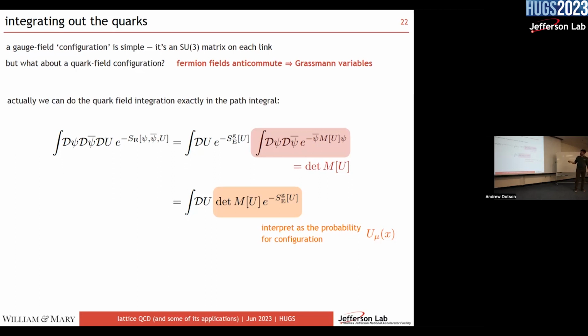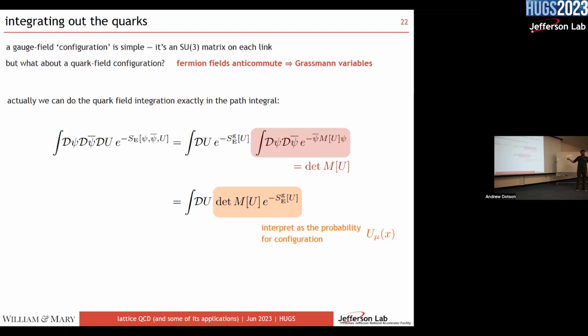The cost is the probability that we want to draw the random gauge fields, gluon fields from is not just the exponential of negative the action anymore, but it's this combined thing with the determinant of M. And that's irritating because while M is a sparse matrix, it is still quite difficult to compute the determinant, even of a big sparse matrix. So computationally, this is something that takes a lot of effort to evaluate, but it can be done.